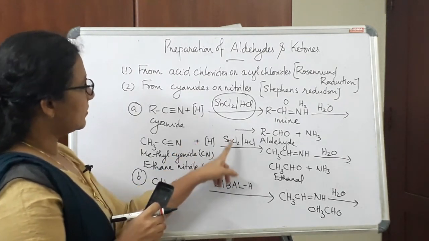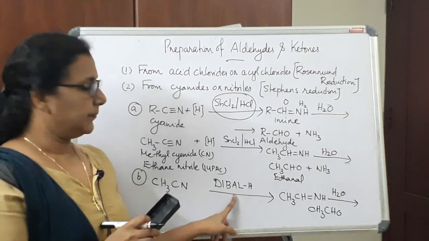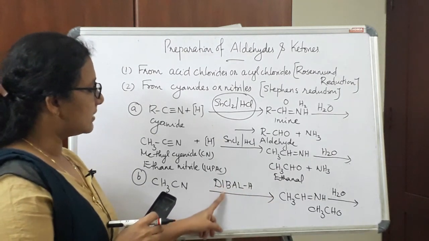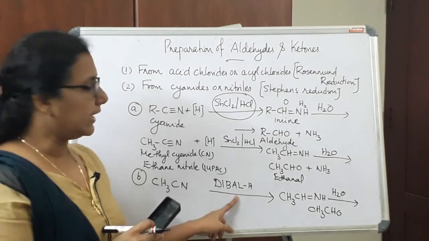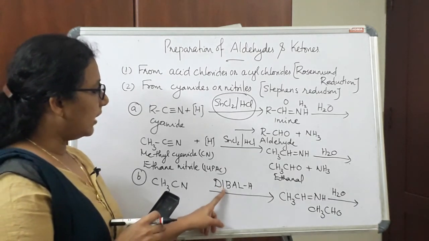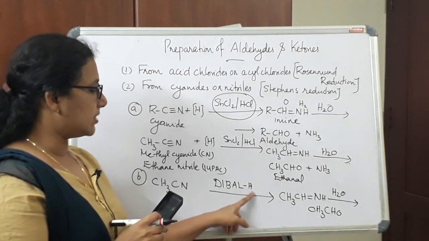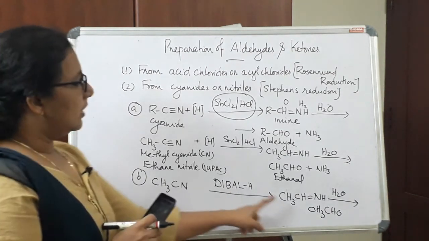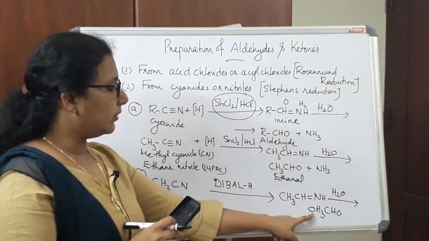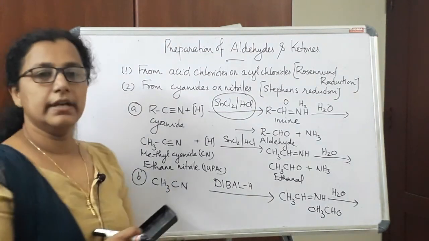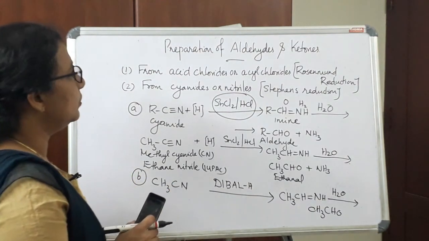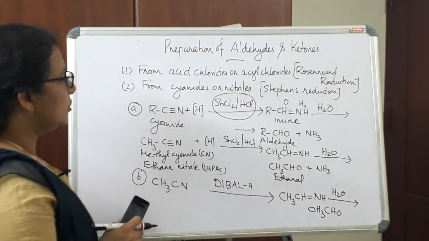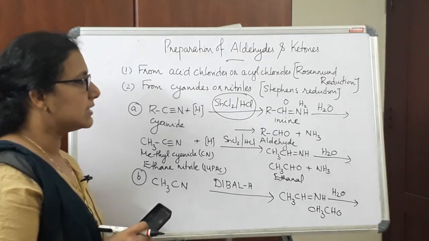In the second case, we can use another reducing agent and the same procedure will happen, but the reducing agent is different, that is DIBAL, diisobutyl aluminium hydride. This reducing agent also gives the corresponding aldehyde from cyanides or nitriles. So these are the two named reactions used for the preparation of aldehydes. Two more named reactions are there that we will see in the next class.